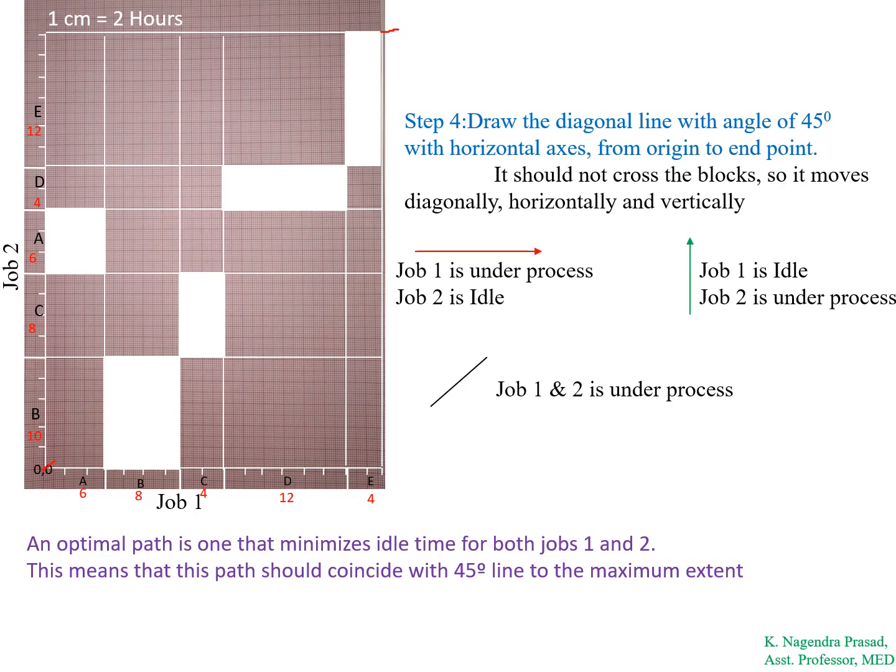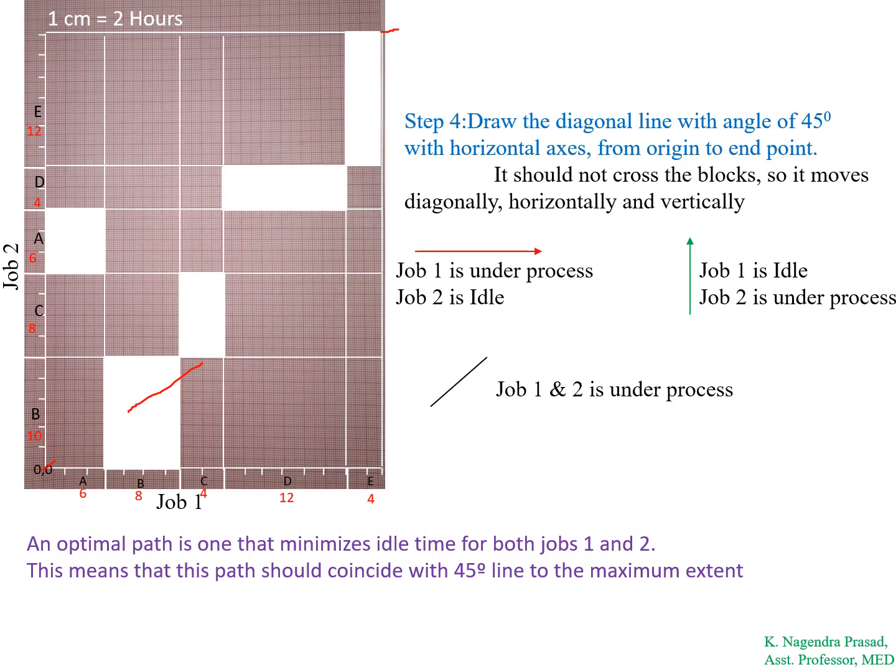So the condition here is we have to draw a diagonal line from origin to end point, but this diagonal line should never cross these blocks. For this, sometimes we have to draw horizontal and vertical lines.